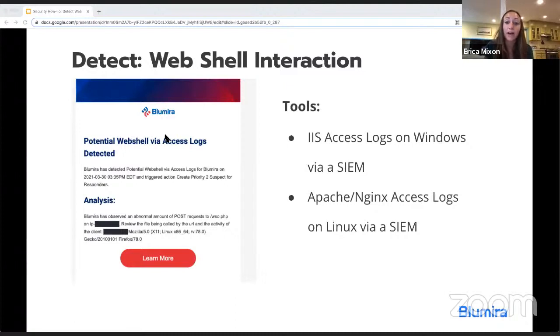Blumira offers a SIEM with prioritized alerts, so when you get an alert, it's important and you have to look into it. And we also have remediation steps from our security experts, telling you some options of what to do, which is great for small security teams.